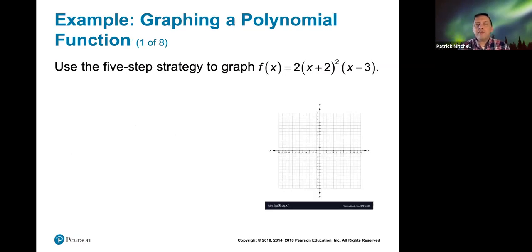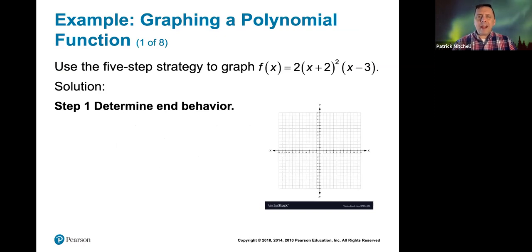So let's use this strategy to graph the function f of x equals 2 times x plus 2 squared times x minus 3. So first, we're going to determine our end behavior. Now, when the function is written in this form, all factored out, it makes it just a little harder to see the leading term and the leading coefficient and the degree and stuff.